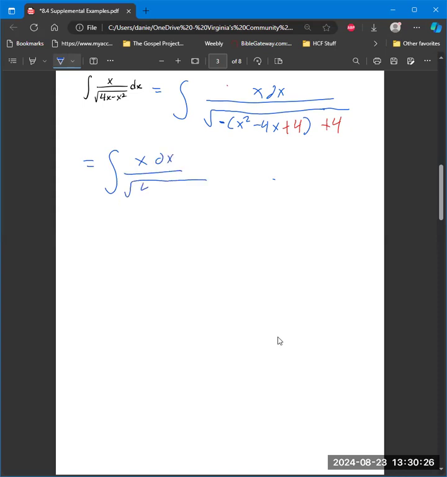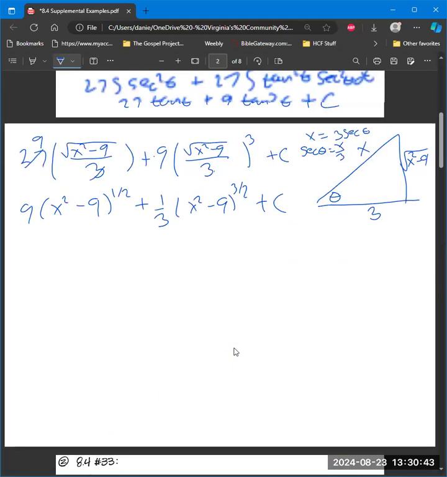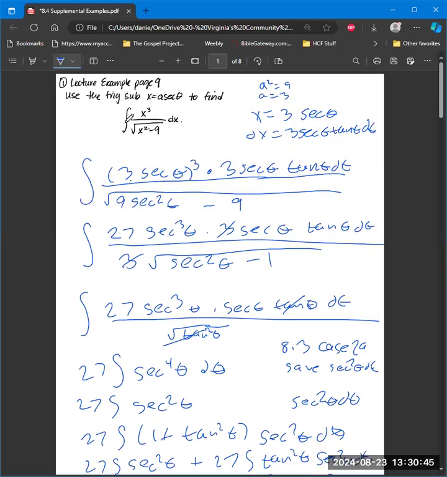of 4 minus x minus 2 quantity squared, like that, which is a squared minus u squared. So that is not the secant form.